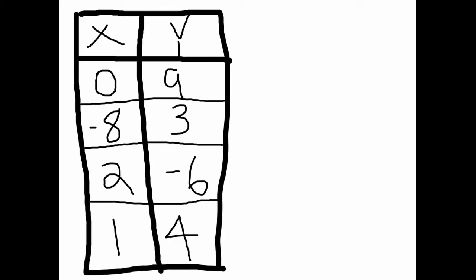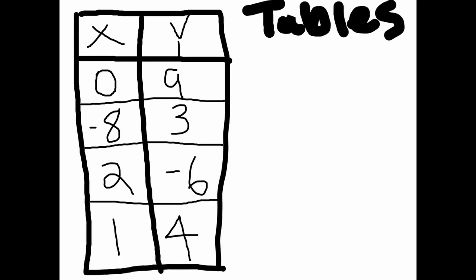Okay guys, let's move on to tables. Make sure that this is written down in your notes page. Teachers are going to be coming around to check that it is. So when I'm looking at tables, again, these tables are representing coordinates on a graph, which have an x and y relationship. And again, something is only a function if for every x value there is one corresponding y value.